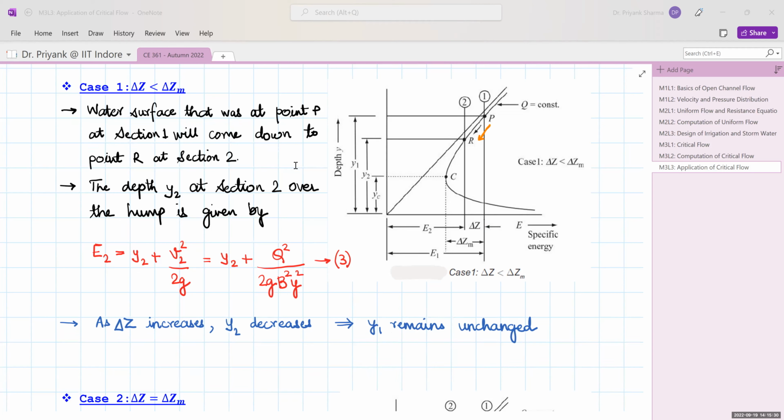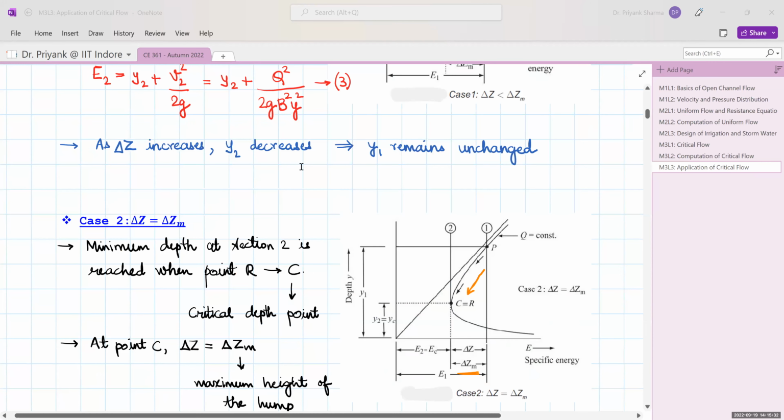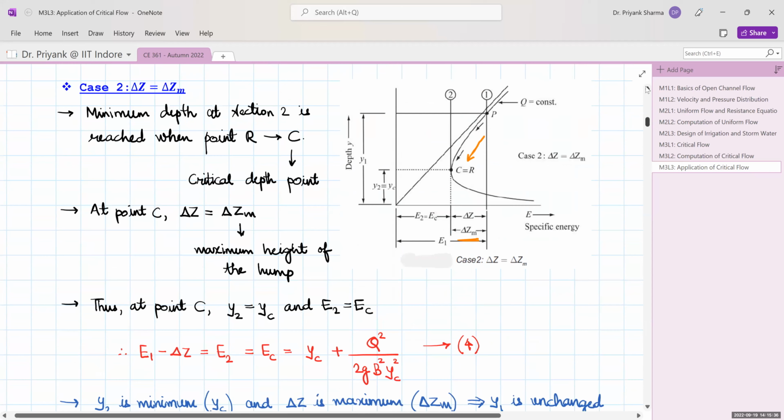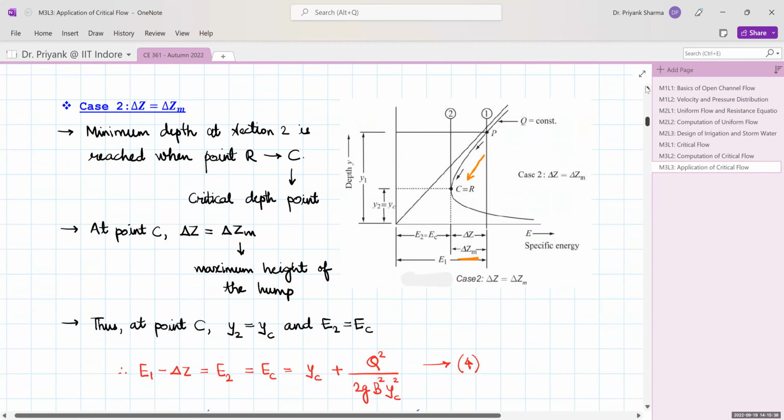Okay, so let us go to another case where your delta z is equal to delta zm. Now in this case we can observe that your point, which was transiting from P to R, will further transit and it will eventually meet the critical point when your delta z is equal to delta zm.